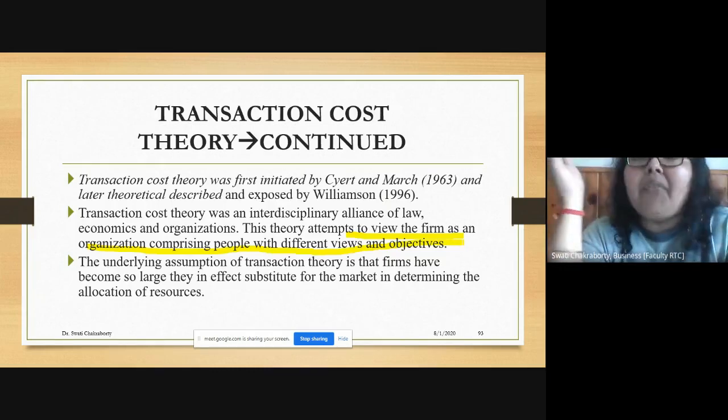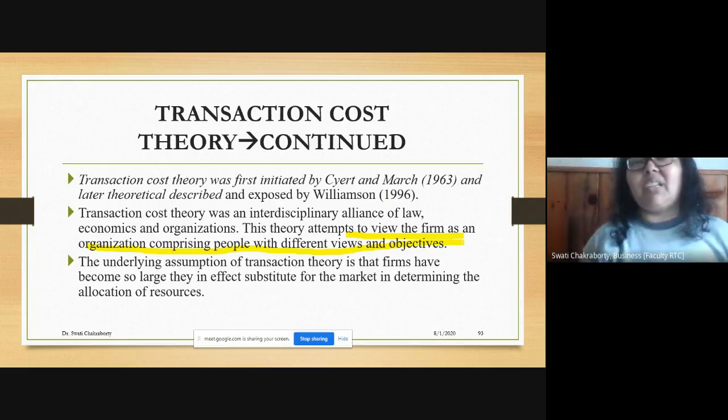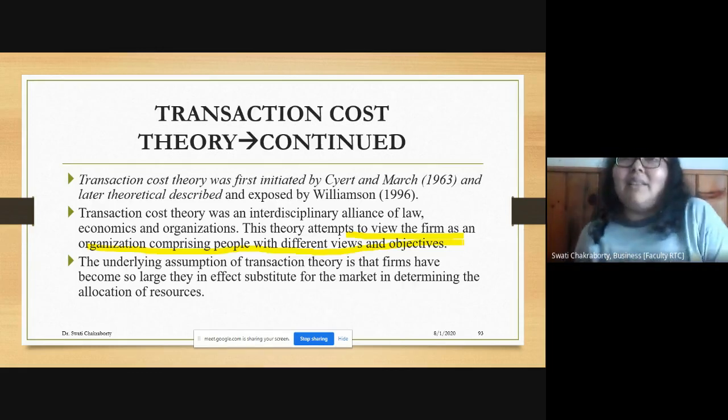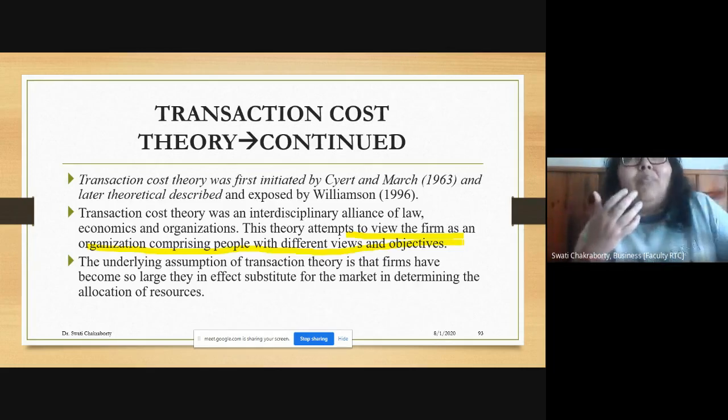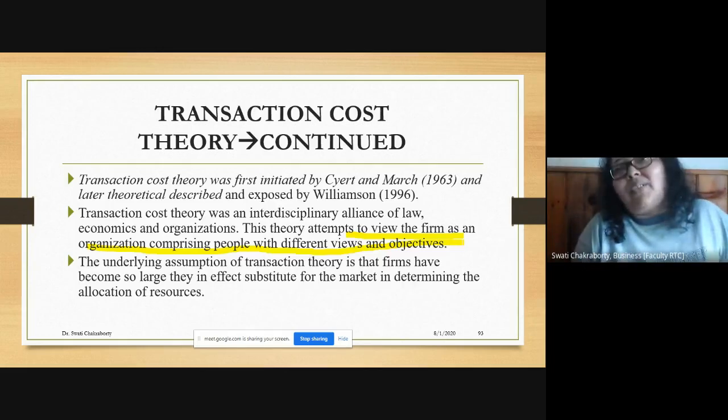Every firm, every organization has multiple people working, each with their own views on objectives and aspirations. When these people join the firm, the main objective is that they work to ensure that the overall goals of the organization are met, right? But at the same time, each of these individuals also wants to fulfill their own aspirations. That's why they join these companies.